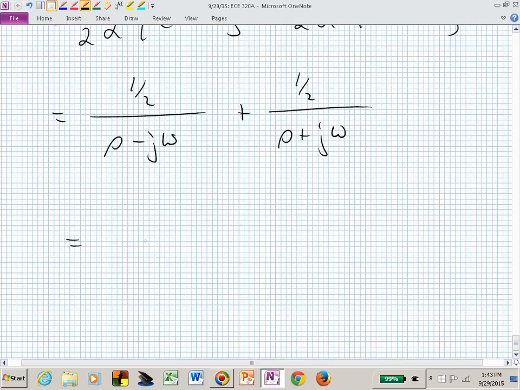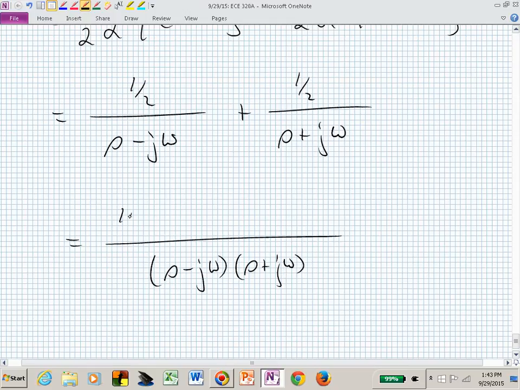And now I get to do some algebra. I have s minus j omega, s plus j omega, 1/2 s plus j omega plus 1/2 s minus j omega. What do I have in the numerator? I have j omega over 2 minus j omega over 2.